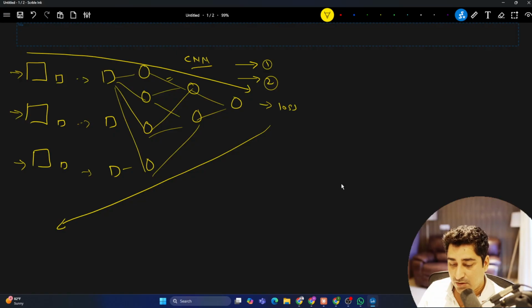Because of that problem, we are now talking about a new kind of network. A convolutional neural network is very good at dealing with images.